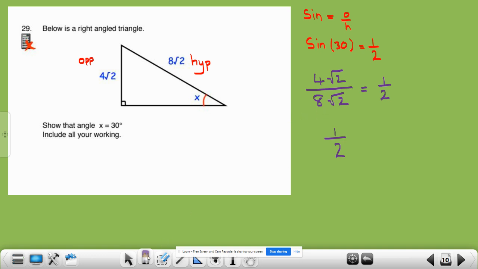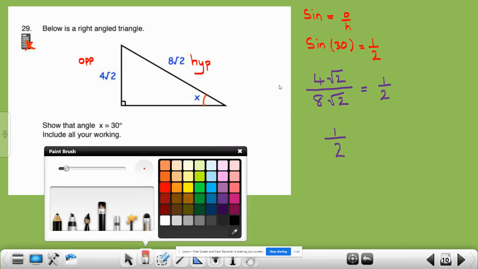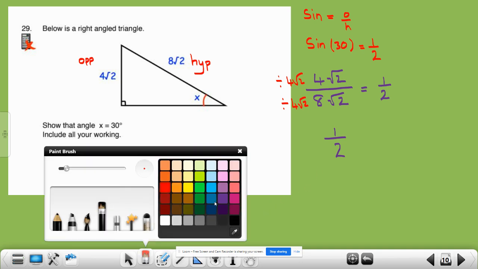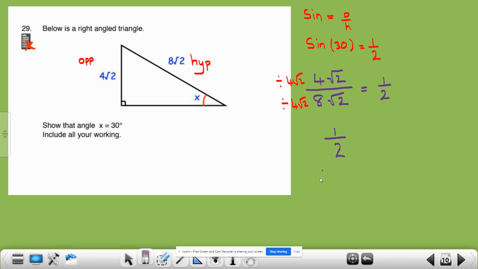So we could just put a note, divide by 4 root 2, divide by 4 root 2, and we would get 1/2. So therefore, we have proved that X equals 30 degrees. Nice, straightforward one to start us off with.